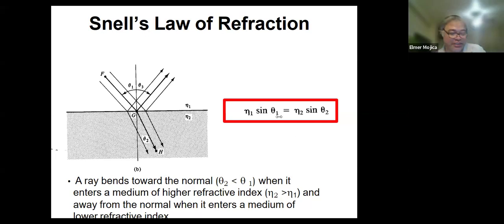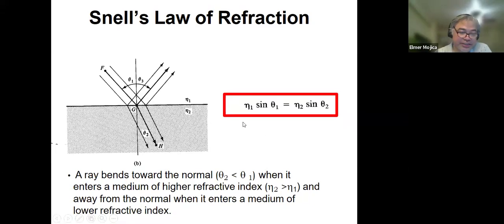Snell's law of refraction is refractive index 1 times sine theta 1 equals refractive index 2 times sine theta 2.